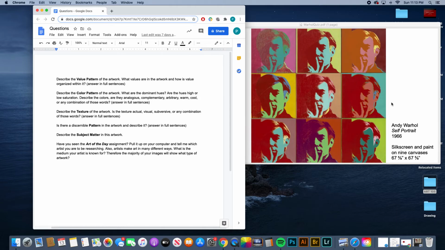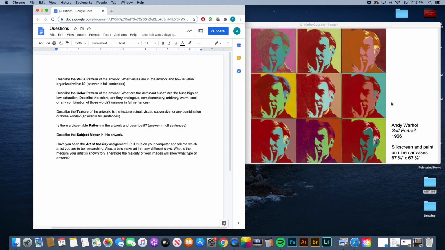And is it warm? Well, I'd say it feels very warm because of the amounts of reds and yellows. It feels very warm, though of course there are some cooler colors in there. I would say that the colors are not particularly complementary.